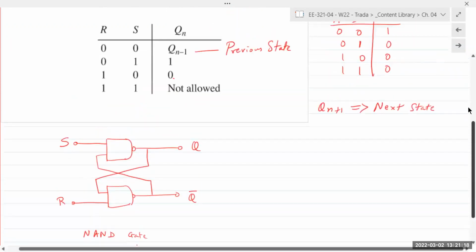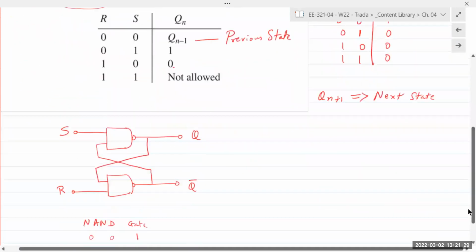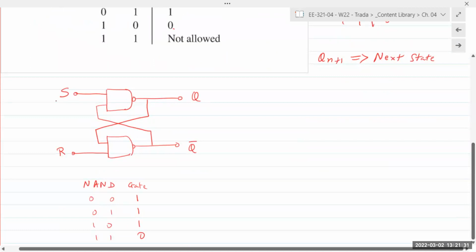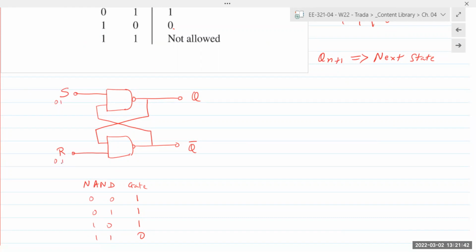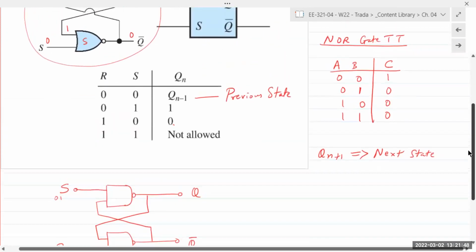Using the same techniques that I used to analyze the NOR gate SR flip-flop, you can apply 0 and 1 states for S and R and compute Q and Q naught. So it is possible to create it using NAND gates or NOR gates.